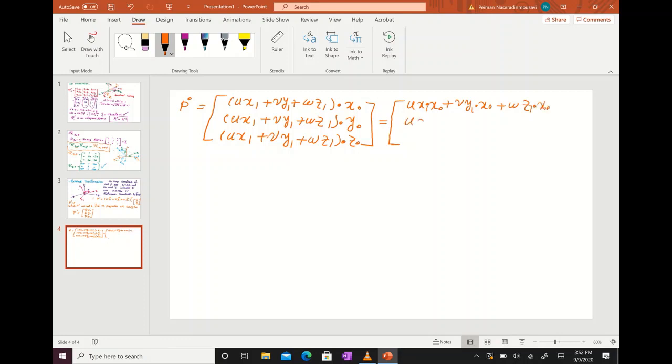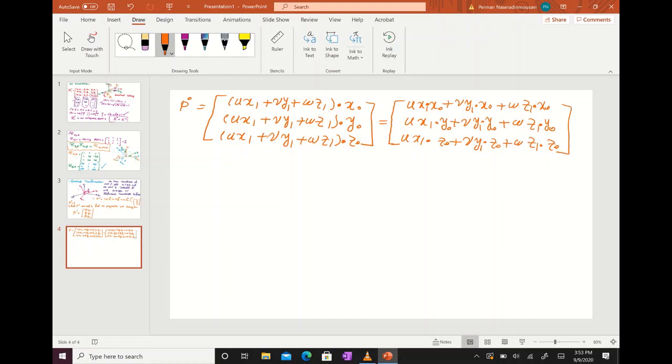Same here: UX1 in Y naught plus VY1 in Y naught plus WZ1 in Y naught. And the last line, UX1 inner product of Z naught plus VY1 inner product of Z naught plus WZ1 of Z naught.